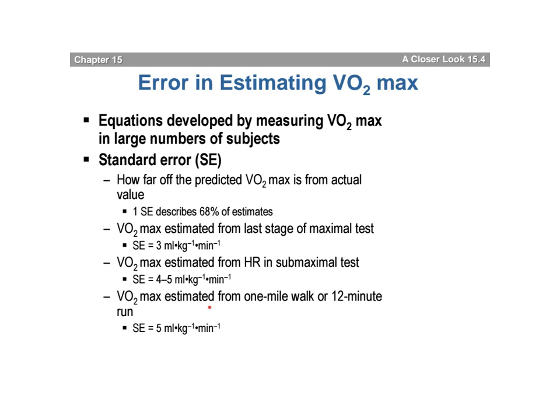Finally, with a test like a 1 mile walk or a 12-minute run, then you have an even greater standard error, about 5 milliliters per kilogram per minute. So as we get further away from the sort of gold standard of measuring VO2 max within a lab, you can see that the error increases.